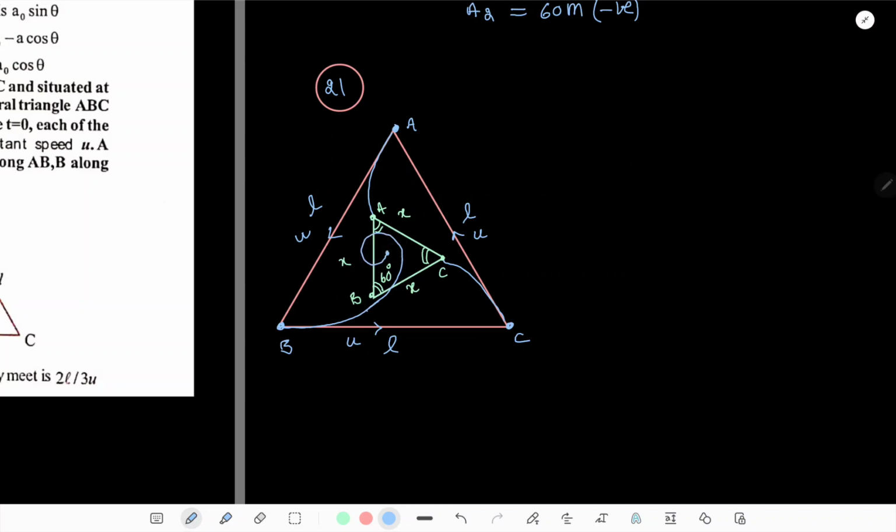So they will meet at the centroid of the bigger triangle.